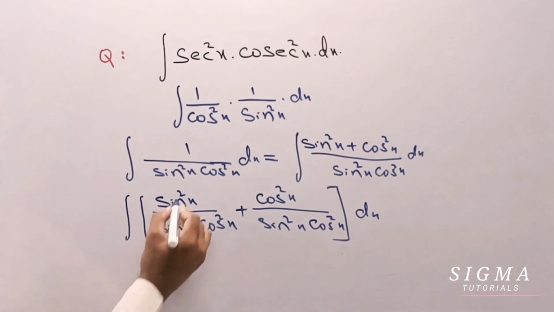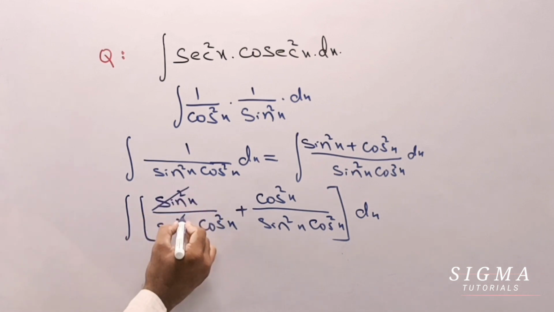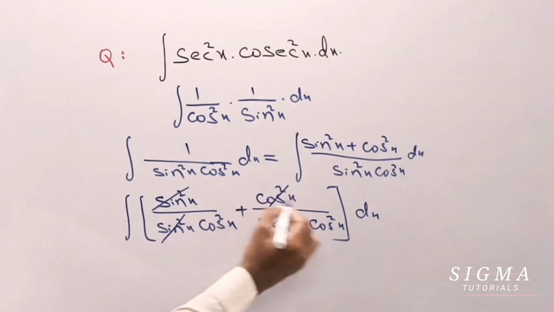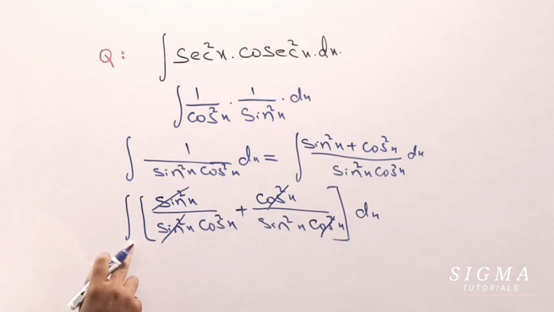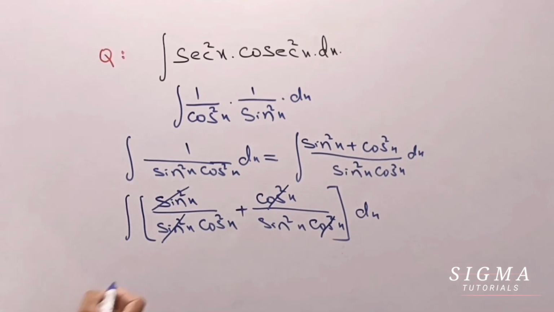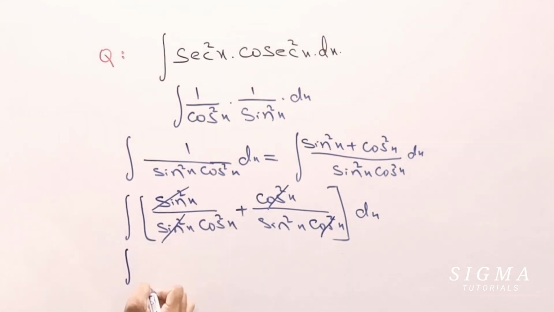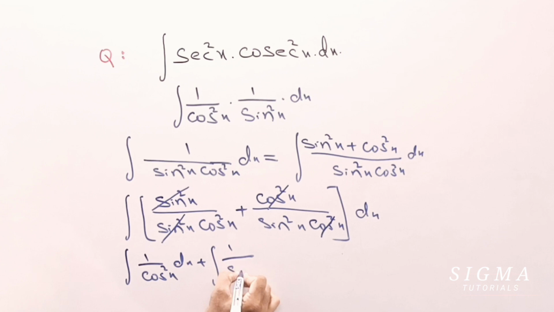Then we can simply cancel sine square x from here and cos square x from here. In the next step we can write the integration of 1 by cos square x dx plus the integration of 1 by sine square x dx.